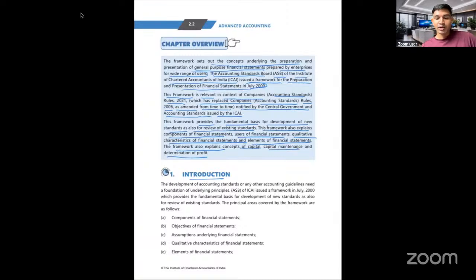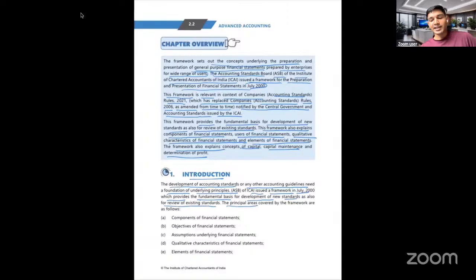Introduction. The development of accounting standards or any other accounting guidelines needs a foundation of underlying principles. The ASB of ICAI issued a framework in July 2000 which provides the fundamental basis for the development of new standards as also for review of existing standards.